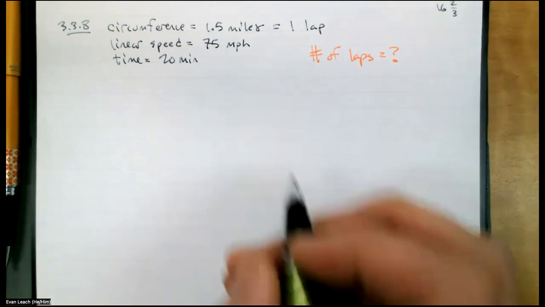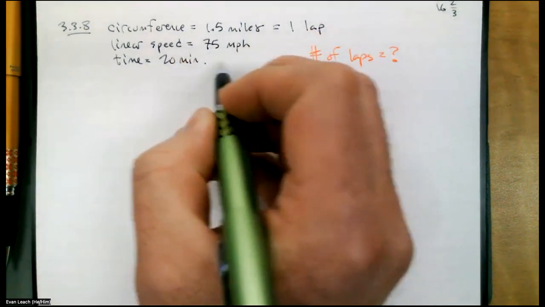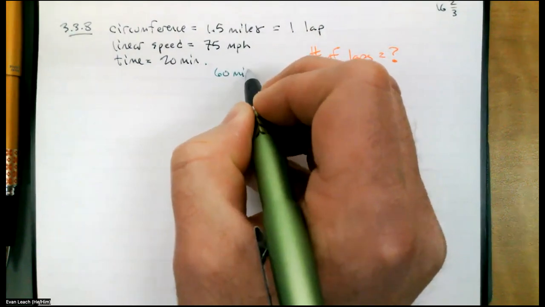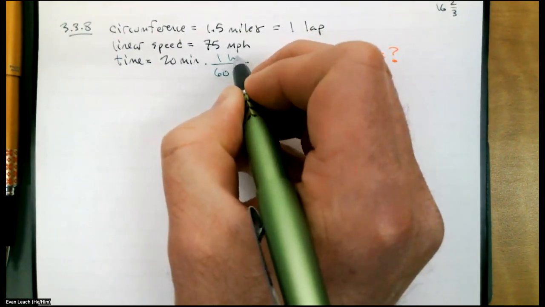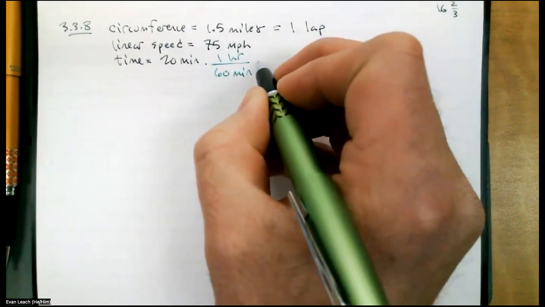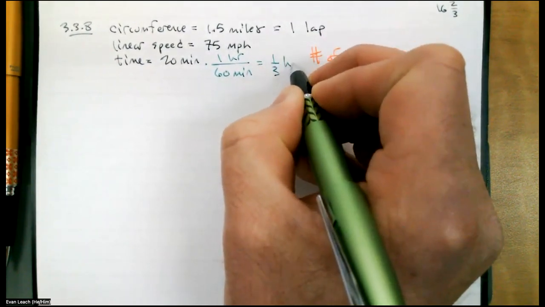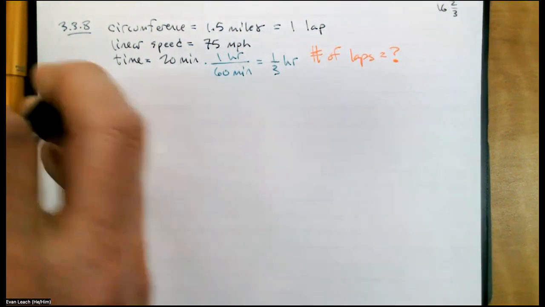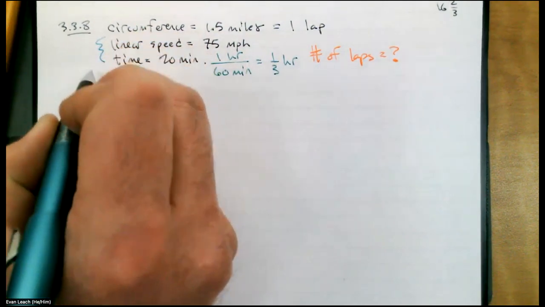That's weird. So we're going to take our 20 minutes and say there are 60 minutes in 1 hour. So our time is 1/3 of an hour. Now I have a unit match between my linear speed and my time, and I want to find a distance. Distance is equal to rate times time.